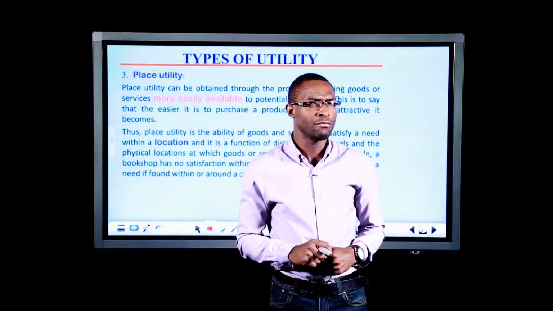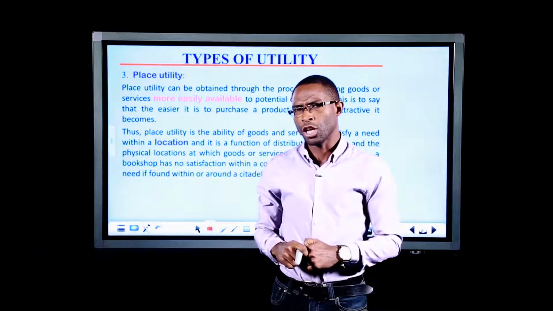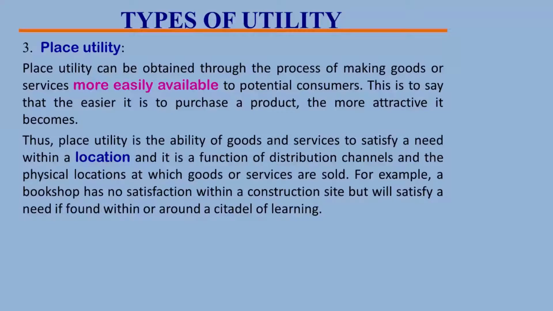But what if we have a bookshop close to the school? Such will make impact. As such, a cement shop has no place utility around a citadel of learning. But a bookshop will surely have place utility around a citadel of learning. So I believe you can understand place utility with respect to this example.